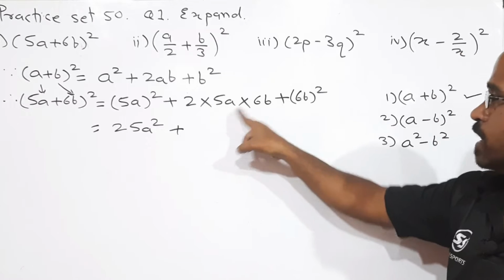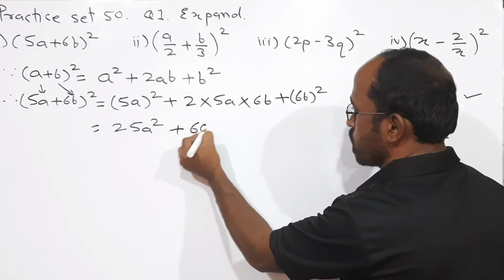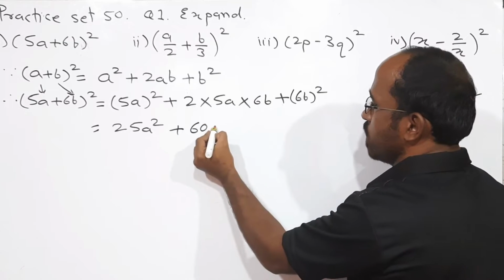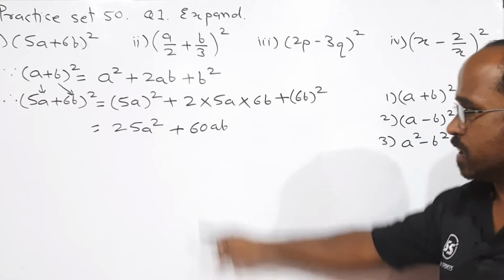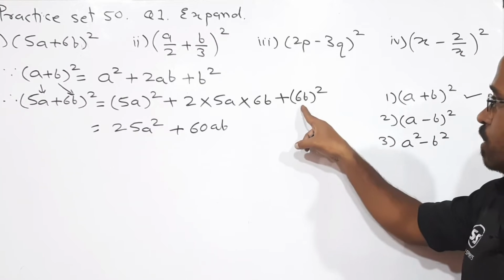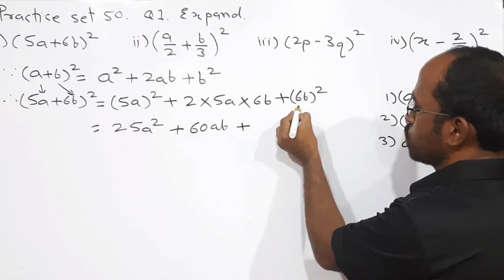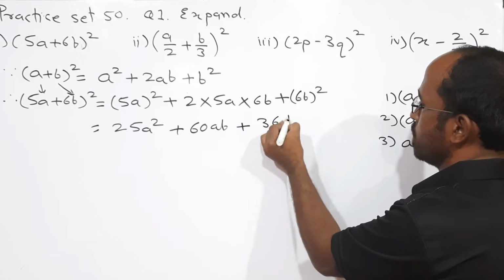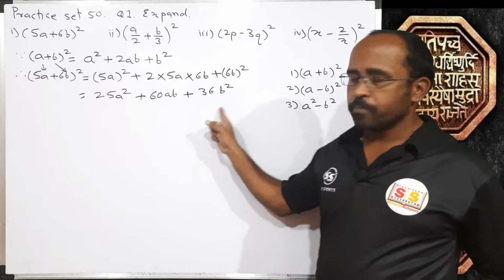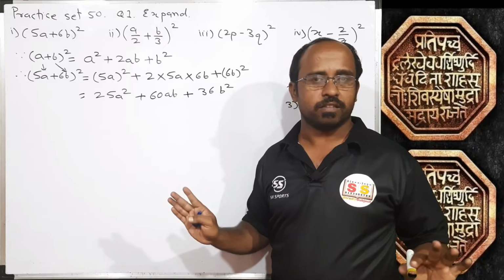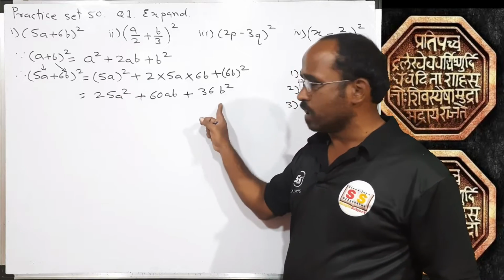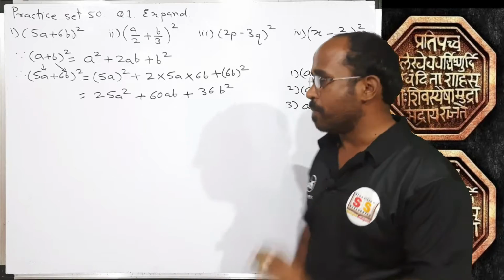Unlike variables a and b are written as they are, plus 60ab. Square of 6b is 36b square. Finish. As all of the terms are unlike, this is our final answer.